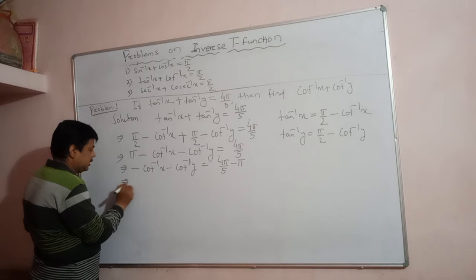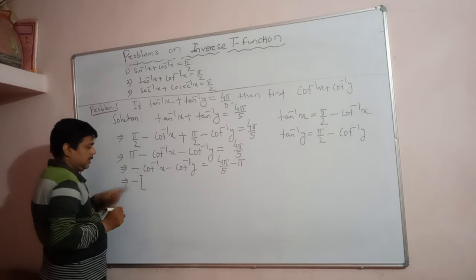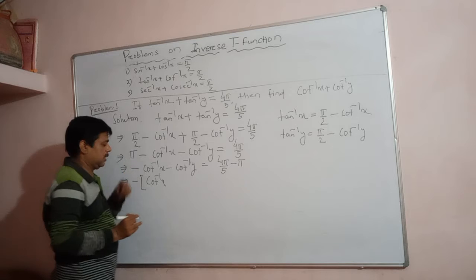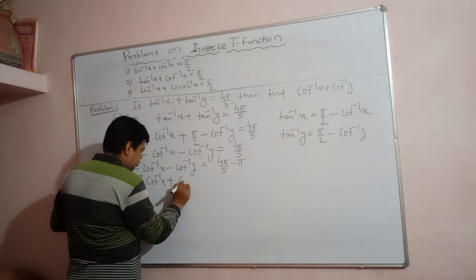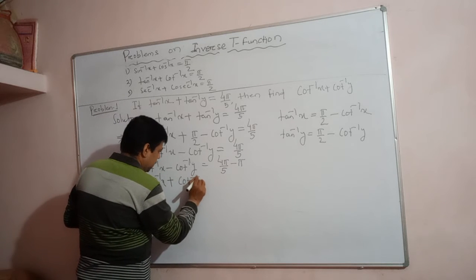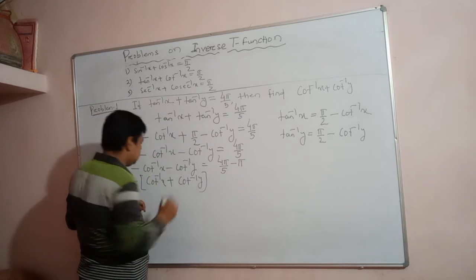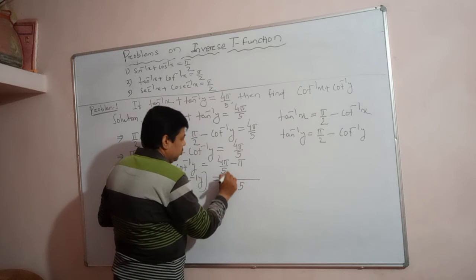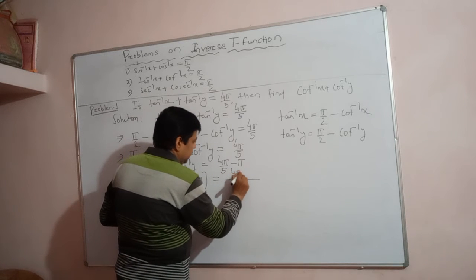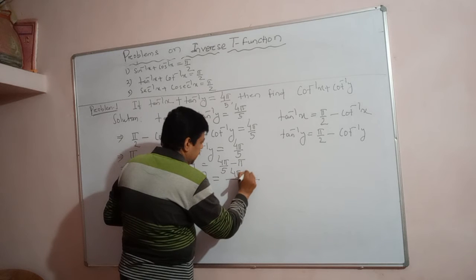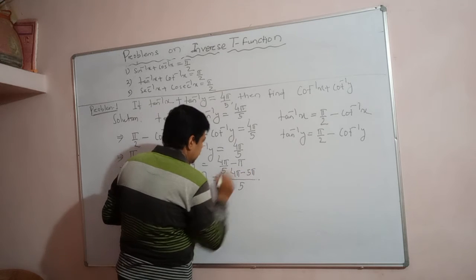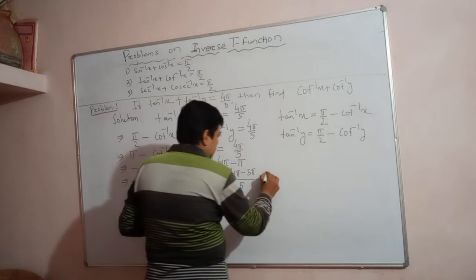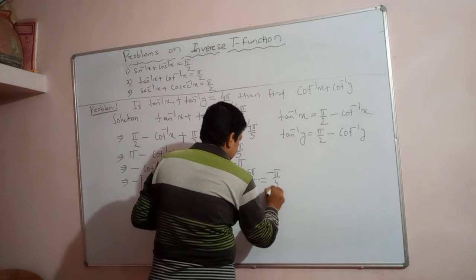So that implies, bring the common minus sign, minus of cot inverse of x plus cot inverse of y is equal to (4 pi minus 5 pi) by 5. Okay, that is equal to minus pi by 5.